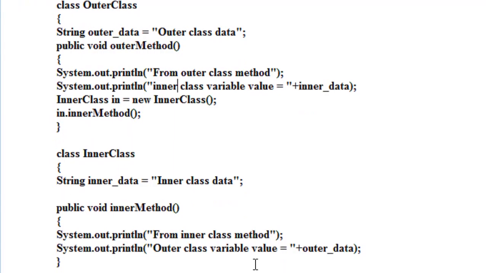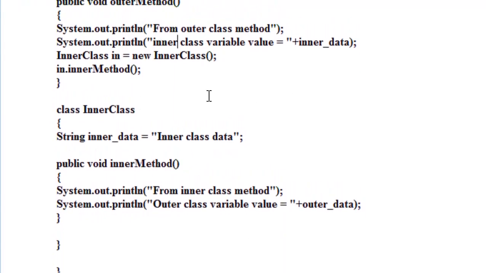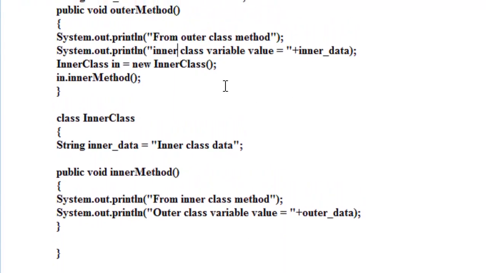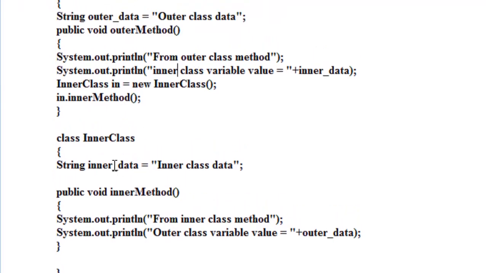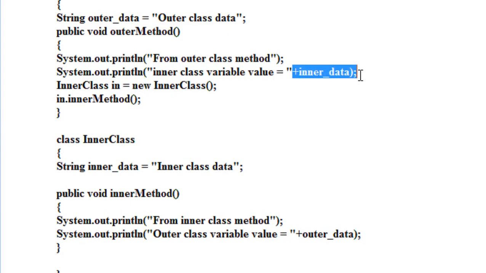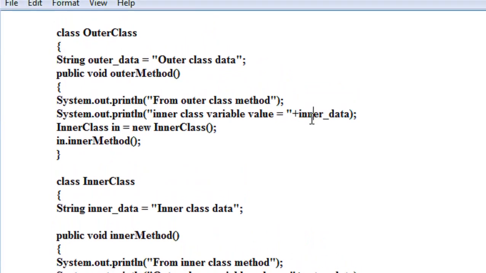So now if I compile this program, the compiler will generate an error because it is not possible for the outer class to access the inner class variable. Here inner data is the property of the inner class. I just try to access that variable in the outer class method.